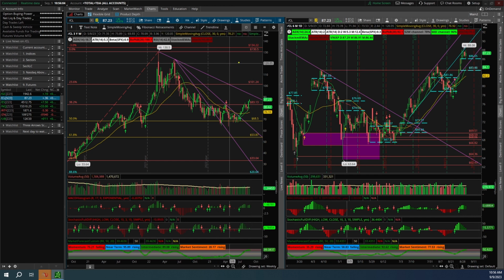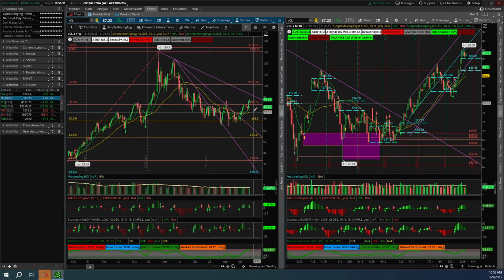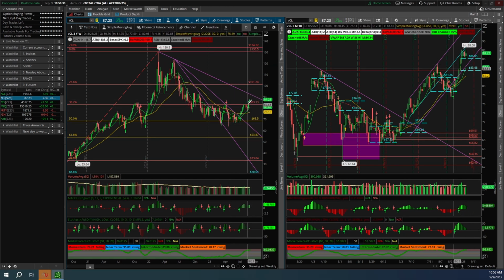Some analysts are indicating that crude could come into this level up here, but there is some resistance right here that we need to consider too. There is this level of resistance at this trend line. It's drawn right here. So we are moving to the upside.